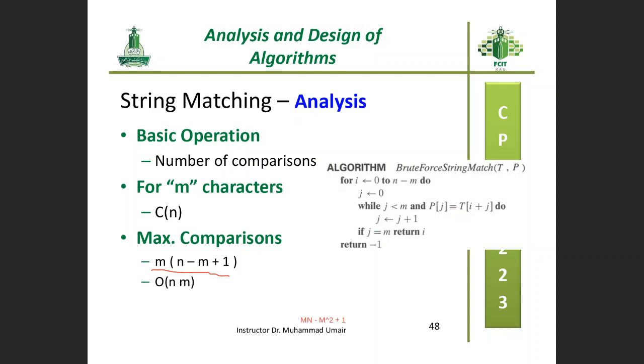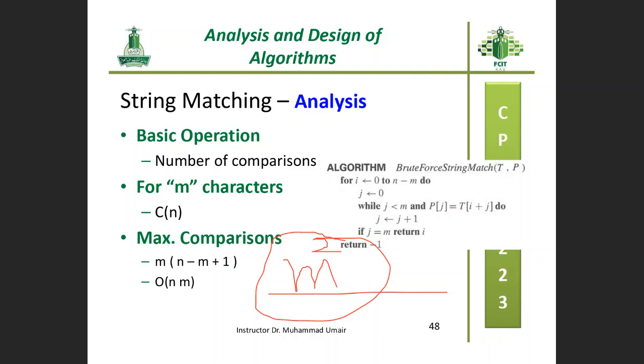Now, looking at this expression and keeping in mind the rule that you pick the highest order term, you may pick m square, because it is quadratic. But we will not define the efficiency with m square because we know n is quite larger as compared to the m value.